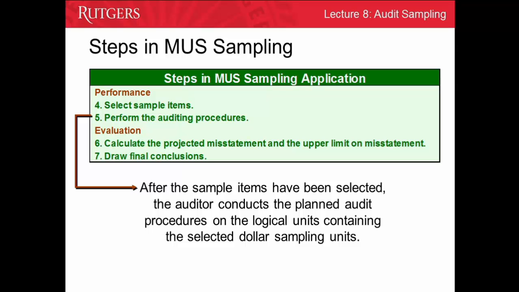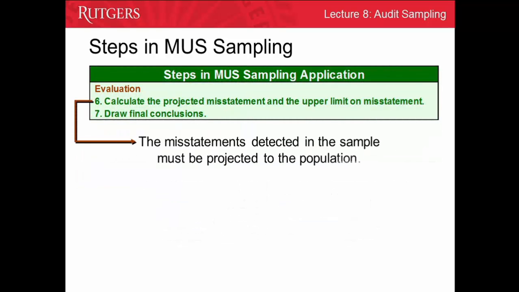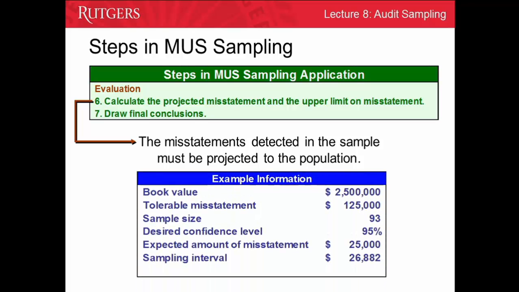After all the audit procedures have been completed, the auditor evaluates the sample results. Then, in the evaluation process, first we need to calculate the projected misstatements and upper limit on misstatements. The misstatements detected in this sample must be projected to the population.